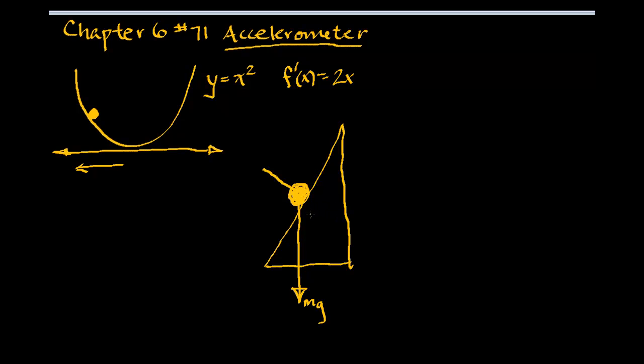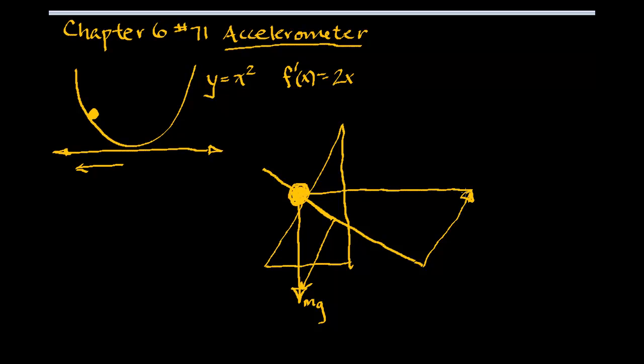The gravitational force has a component vector perpendicular to the track, and it has a component vector parallel to the track. Okay, and then we have an acceleration, and the acceleration is going to be horizontal because that was the problem that we were given, a horizontal acceleration, and it will have component vectors that are perpendicular and parallel to the track as well.